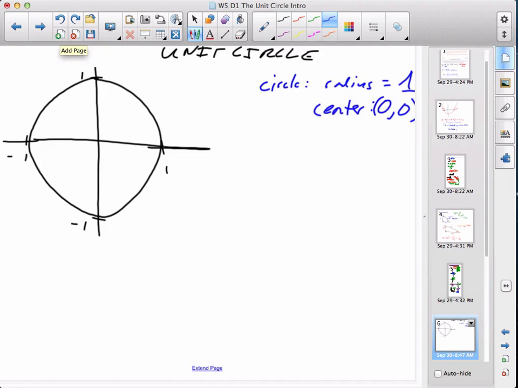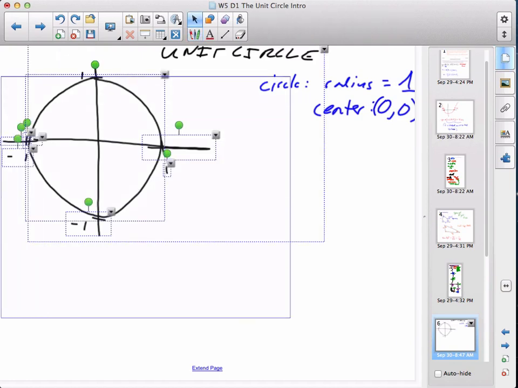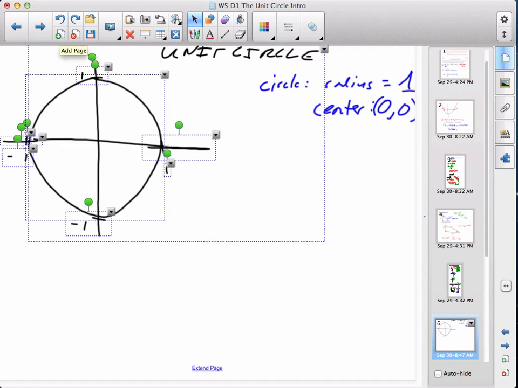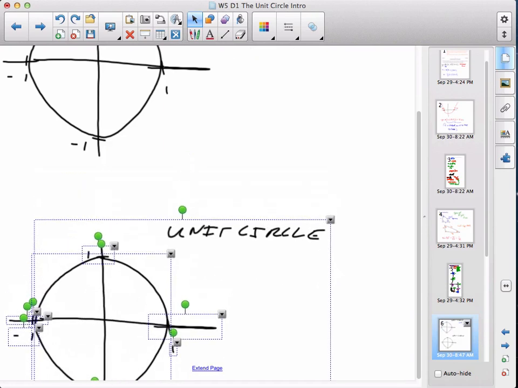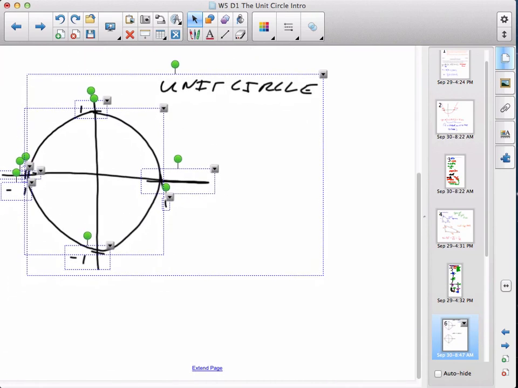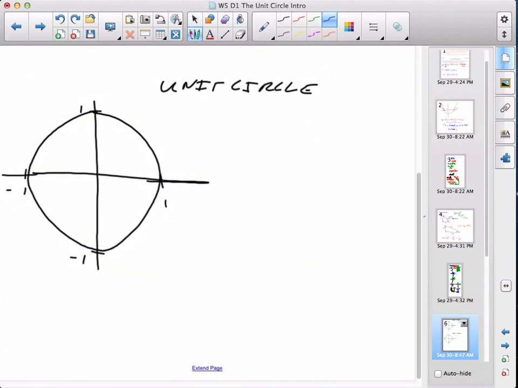And the unit circle has some pretty cool properties that we're going to check out right now. Okay. So if I wanted, on my unit circle, I could place an angle, right? Just like we showed that you could show an angle and say, okay, here's the angle.